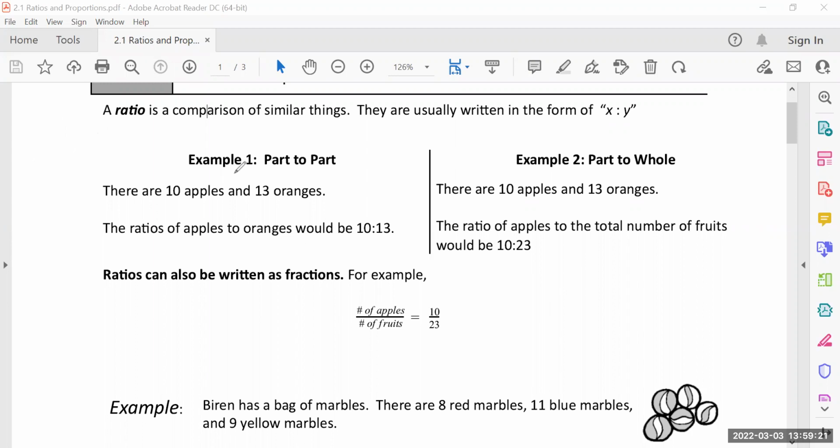The first way we write ratios is what we would call part to part. In other words, how many of one versus how many of another. So let's say I have 10 apples and 13 oranges. The ratio of apples to oranges is going to be 10 to 13, right?